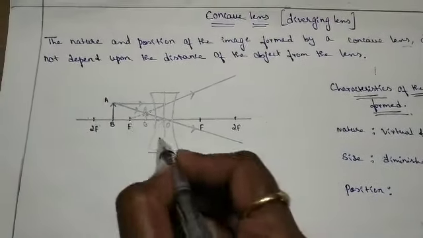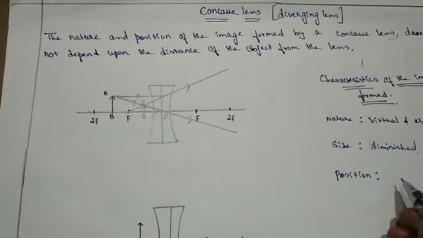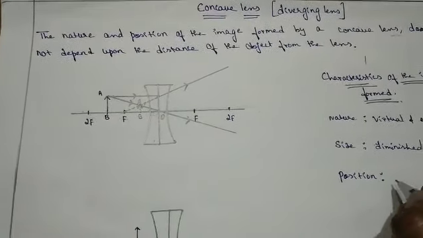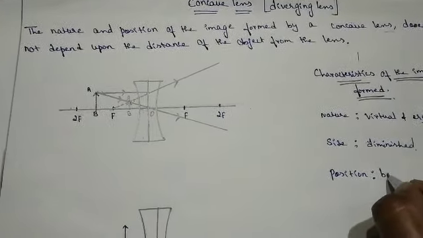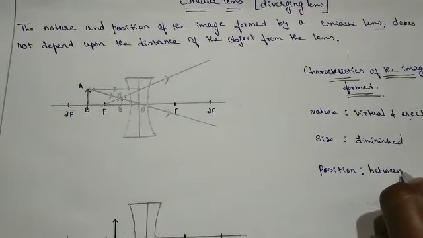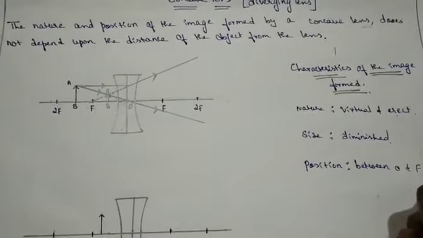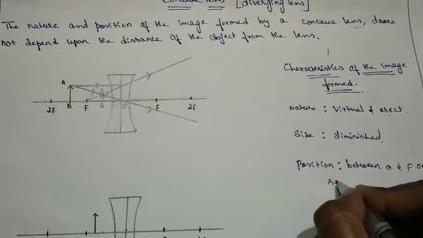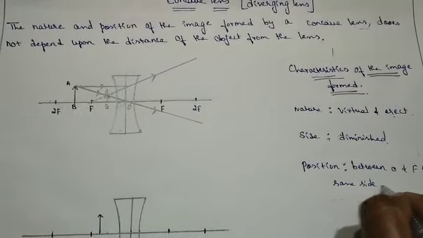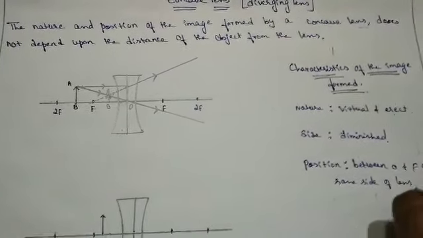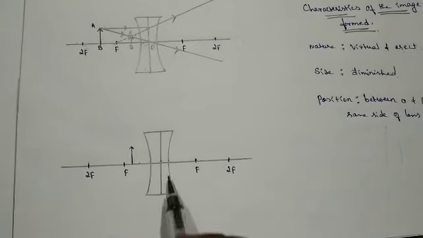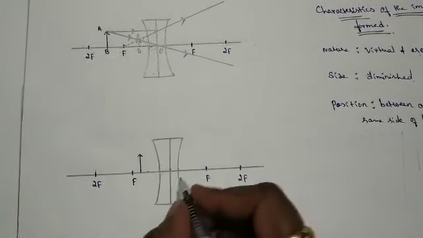And position: where is the image obtained? The image is obtained between O and F on the same side of the lens.